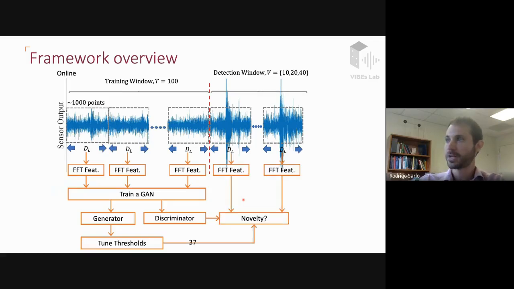Then we run the detection, where we extract the features and use both the tuned thresholds and the discriminator to try to identify novelty based on whatever choice of detection window we establish. If we identify novelty, then we reset the process. We train a new GAN on a new baseline case and then continue.